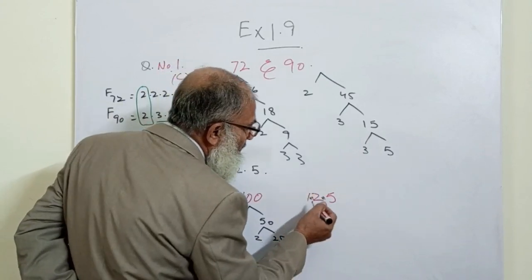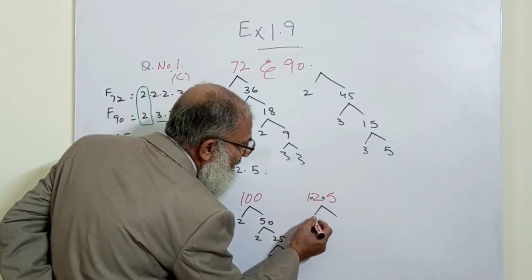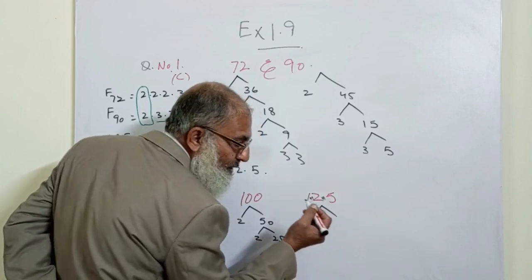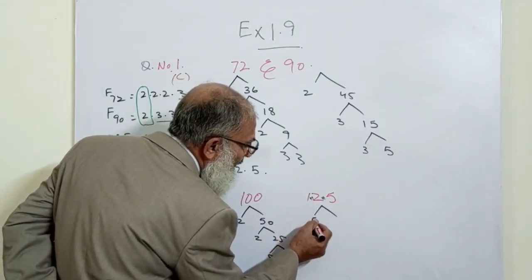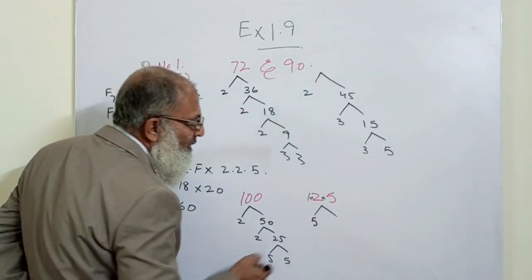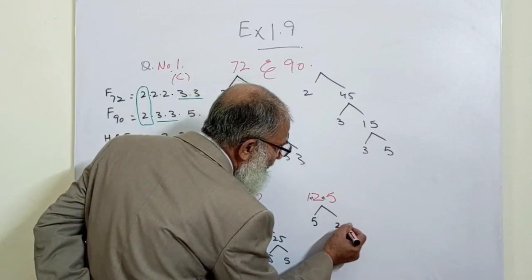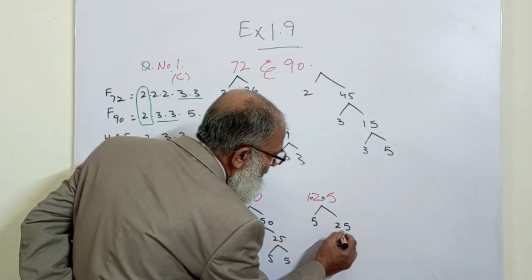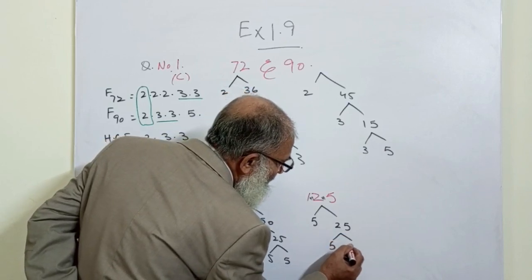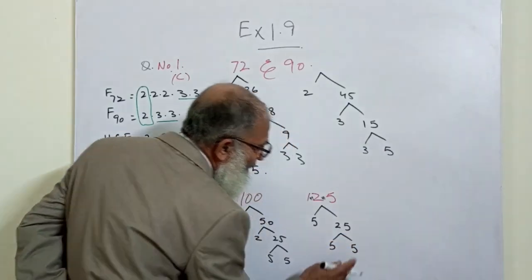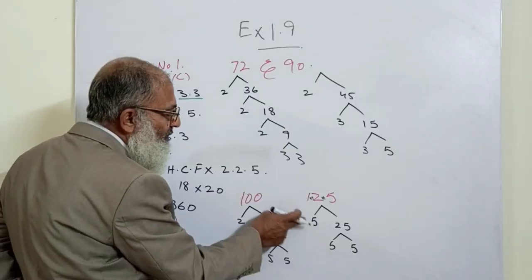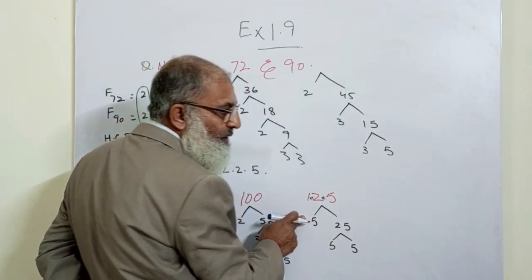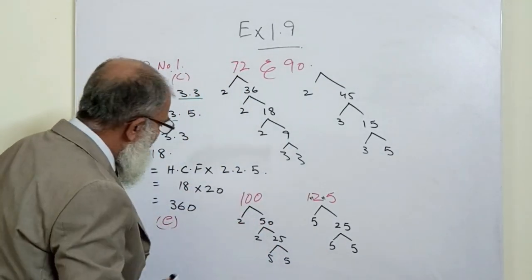So what we do, we start from 2, and the next possible is 5. 5 times 2 is 10, and 5 5s. Now the rest is the same. 5 times 25 and 25 times 5 is 125. This was very simple.